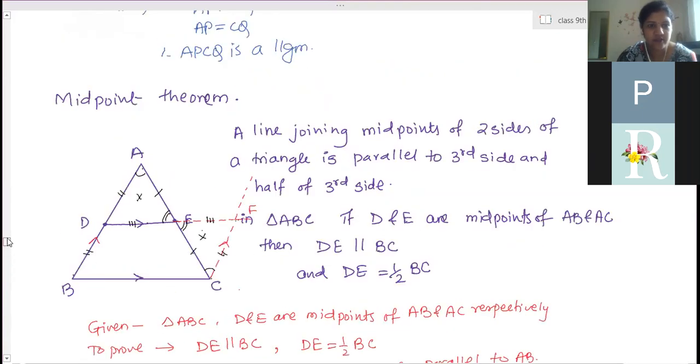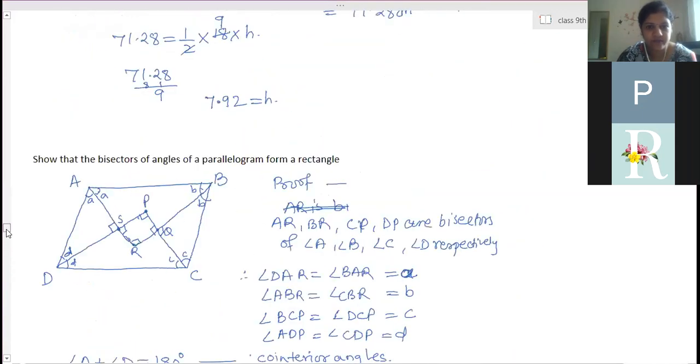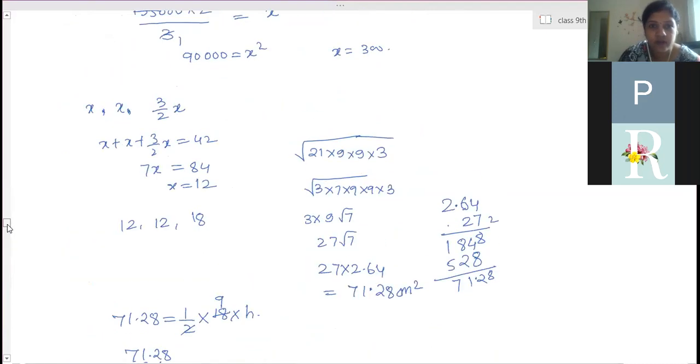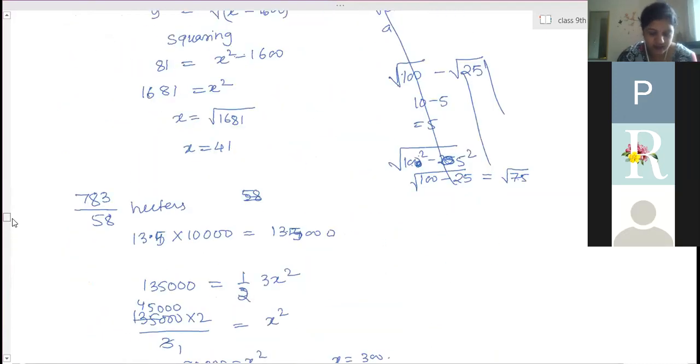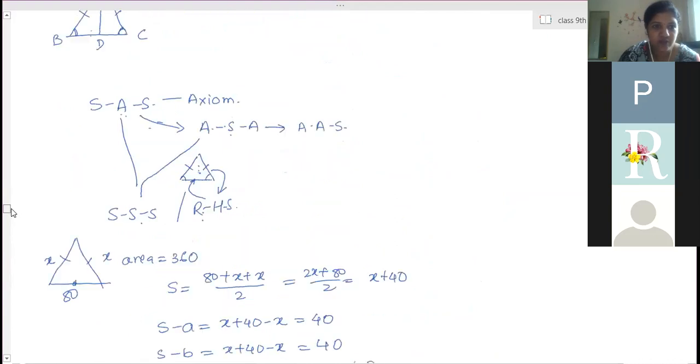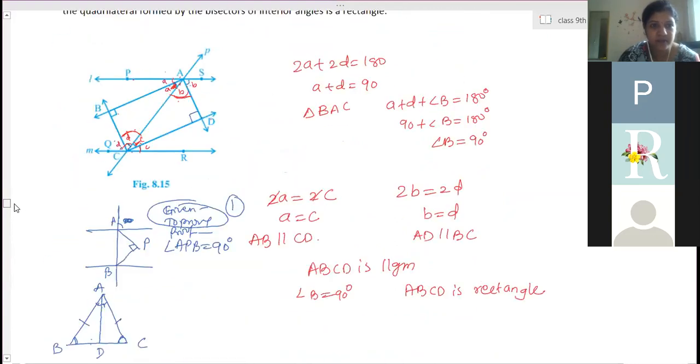Ma'am, I'll show you. Ma'am, what are you teaching? Quadrilateral, the questions are given for homework? 10B. Okay, ma'am.